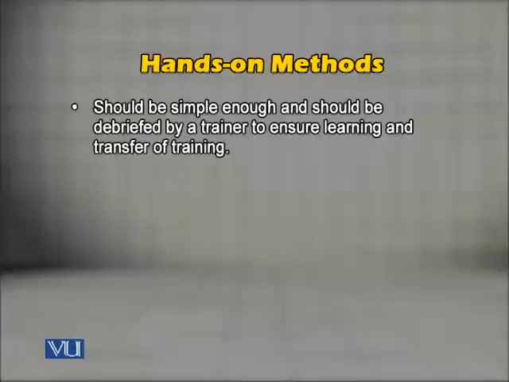And then it should be simple enough and should be debriefed by a trainer to ensure learning and transfer of training. So that is also an essential component of a business game, that the trainer should provide a debriefing in which they should tell about what is the purpose of this game, what are the rules of this game, what is the time limit, and how are the participants going to proceed onwards with the activity.